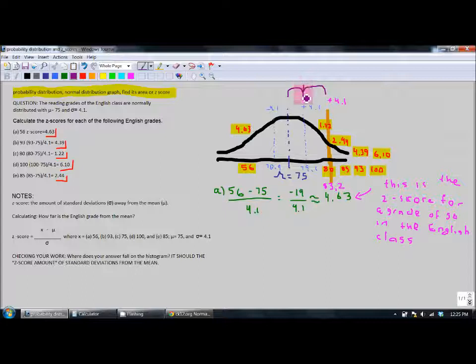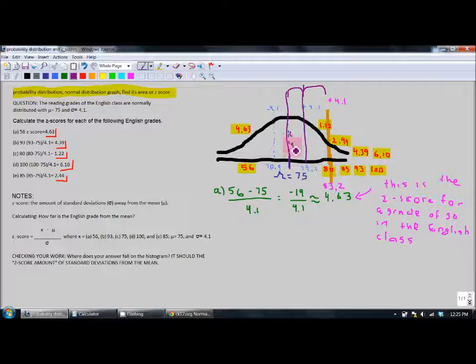So everything that's pretty much between 75 and 79.1 is going to be 1 standard deviation, right?